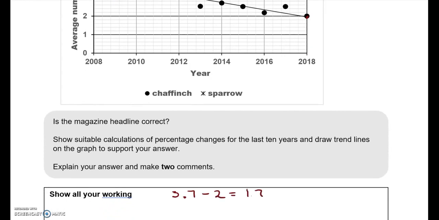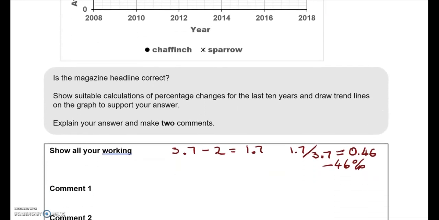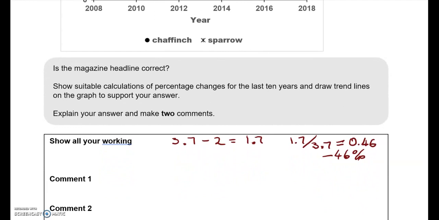That is 1.7. So 1.7 out of the original value, which was 3.7. So that gives about 0.46, which is 46%. So there's been a 46% decline for the chaffinch bird. So we can write a comment here.